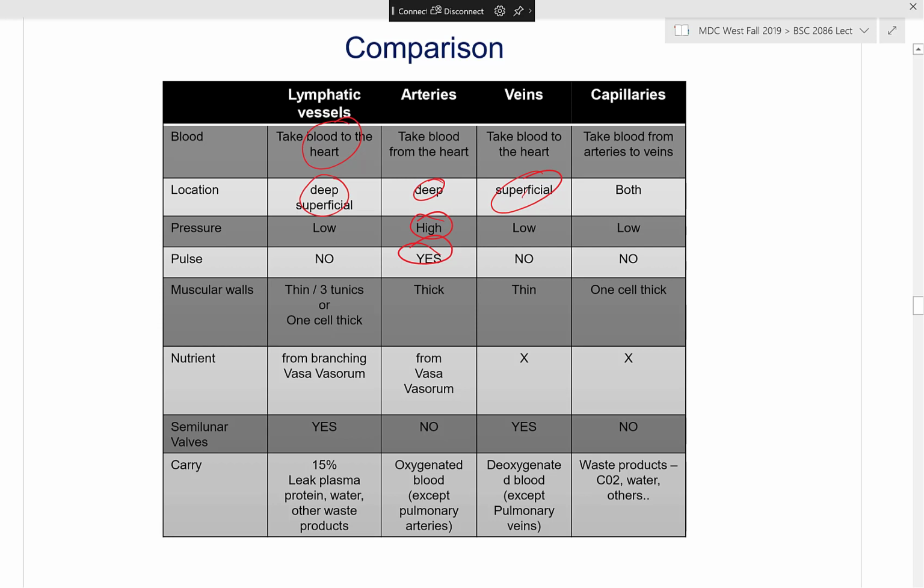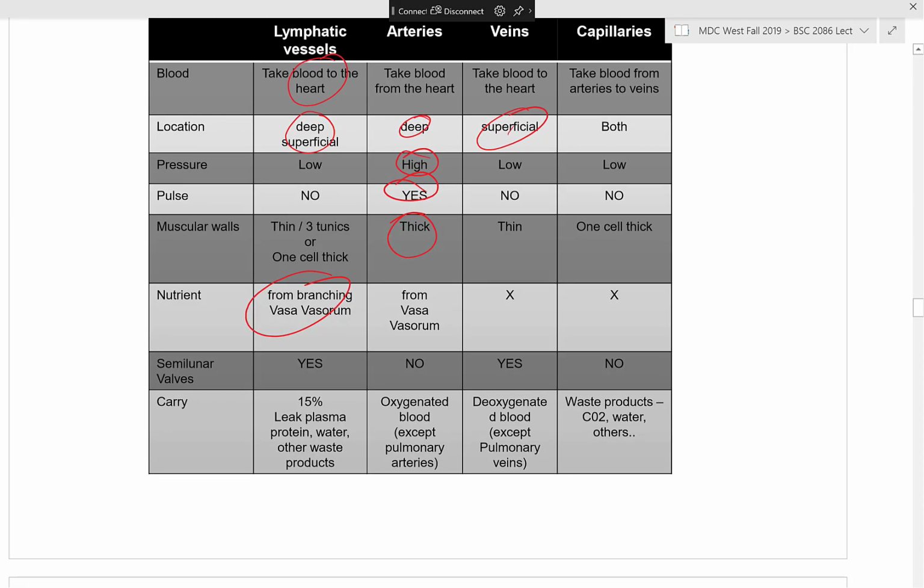Muscular wall. Well, which one has the pulse? Oh, which is the one that deals with high pressure? The artery, right? So that's the one that is going to be thick. So most of the other ones tend to be kind of thin. Nutrients. You're going to have nutrients from the branching of the vasa vasorum. Do you have semilunar valves on the veins?